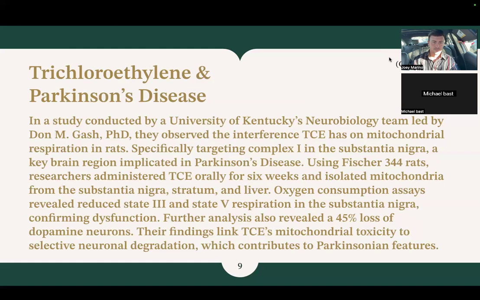Lastly, further analysis revealed a 45% loss of dopamine neurons, and these findings led to TCE's mitochondrial toxicity in terms of selective neuronal degradation, and all of these contribute to the Parkinsonian features.